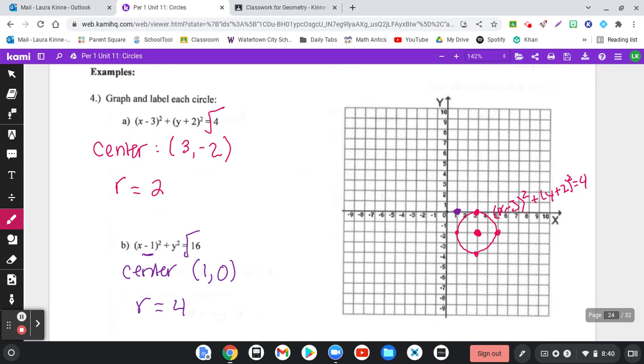And you're going to go up 4, down 4, right 4, and left 4. And then label it x minus 1 squared plus y squared equals 16. And that's all there is to it.